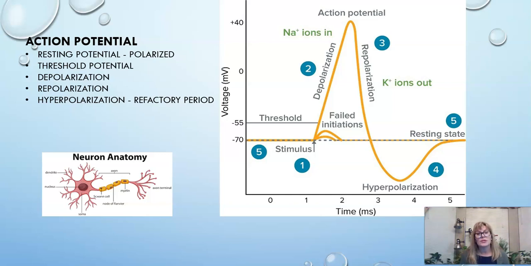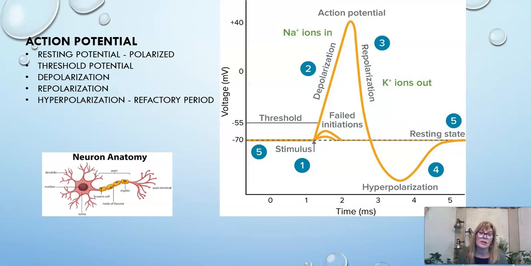So when some signals start coming in through those little dendrites, if you have enough signal coming in that, hey, I really need to respond to this, you're going to accumulate enough signal to reach what we call the threshold potential. As the cell is in a resting polarized state, its voltage lies at around negative 70 millivolts.